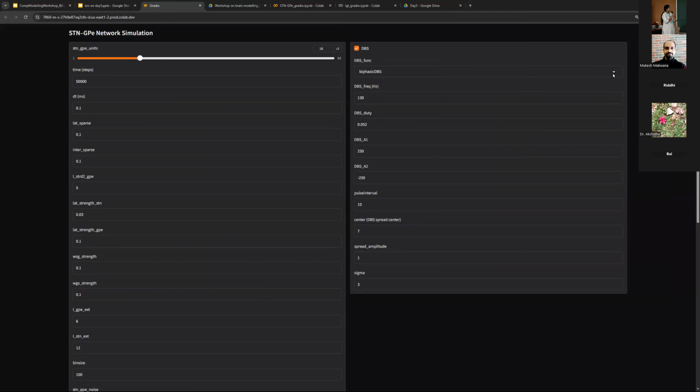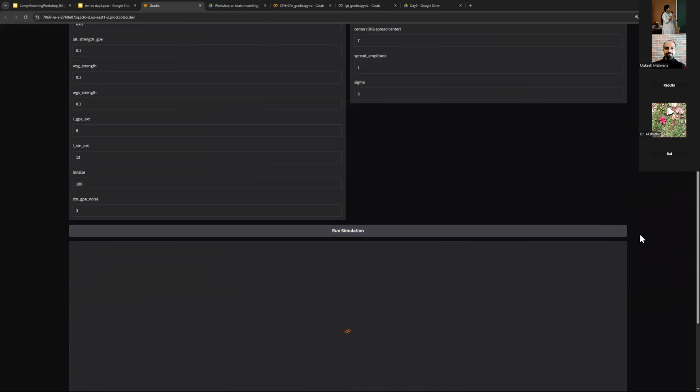Then you can define DBS frequency, duty, amplitude, pulse interval. And the last three parameters: DBS center tells me where the electrode is placed, and the spread amplitude and spread sigma define the current spread. We'll keep it at these numbers and run it for now. You can run the simulation.